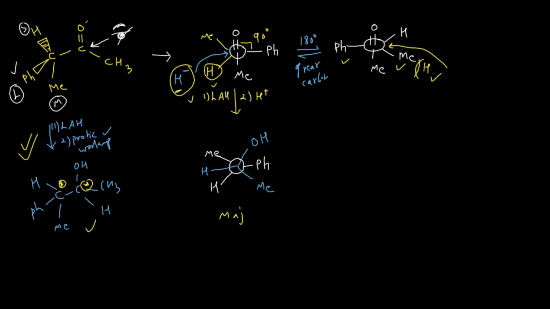Please remember, this is your major product because the repulsion between the nucleophile and the smallest group, hydrogen, would be very low. So again, I am not touching my rear carbon, placing my Ph here, and my hydrogen here, and my Me here, and you see this hydrogen is coming here.